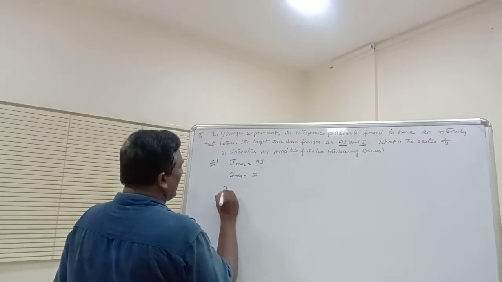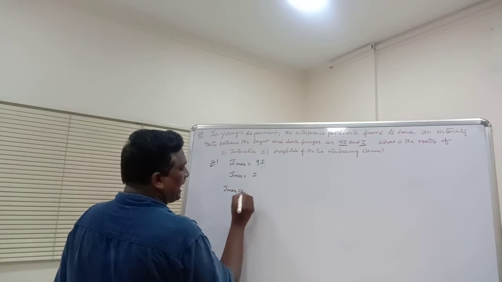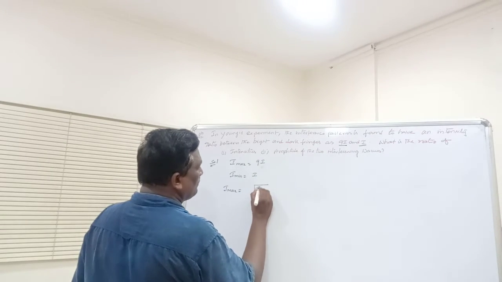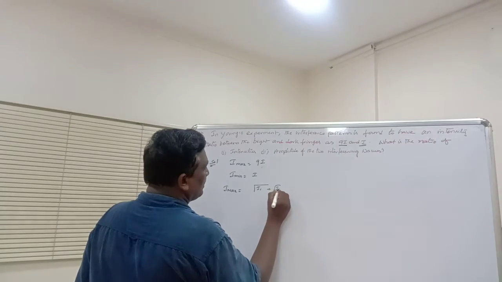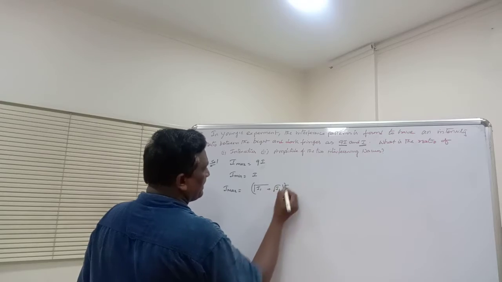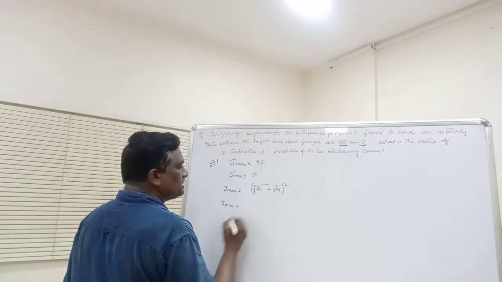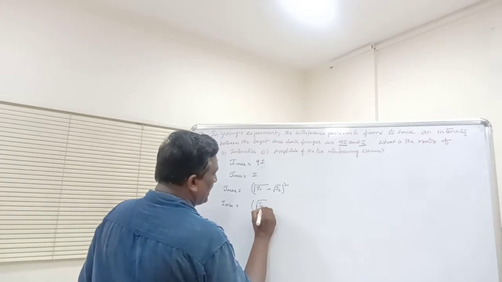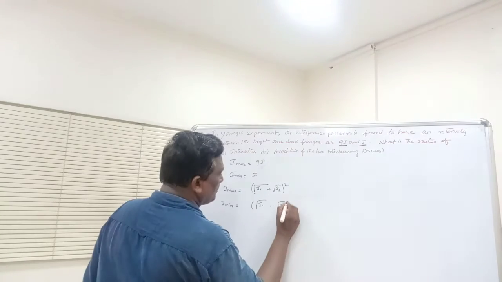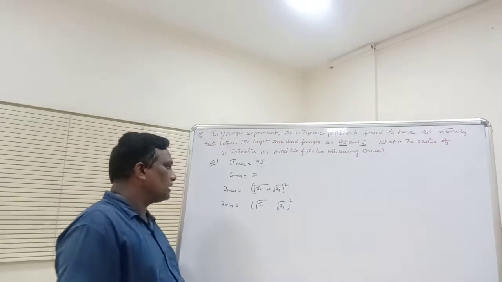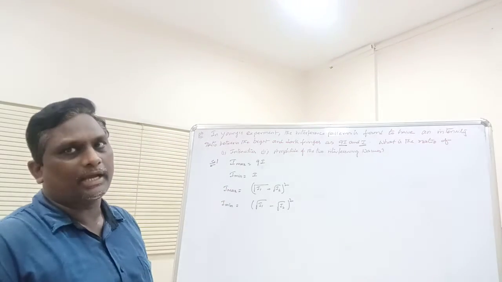And you know I maximum is equal to root over I1 plus root over I2 whole square, and I minimum is equal to root over I1 minus root over I2 whole square.